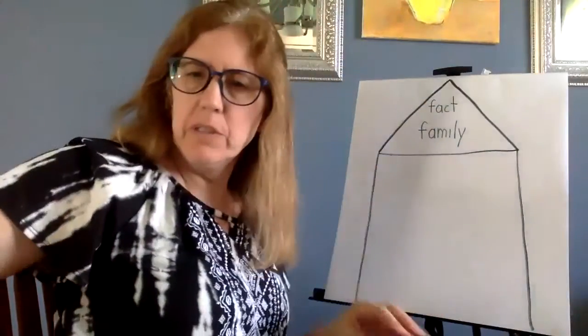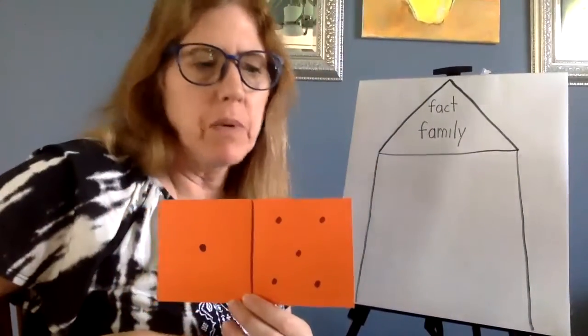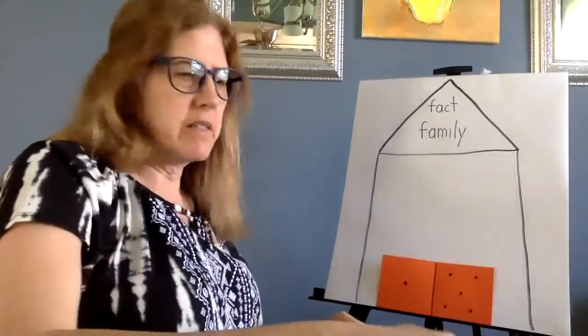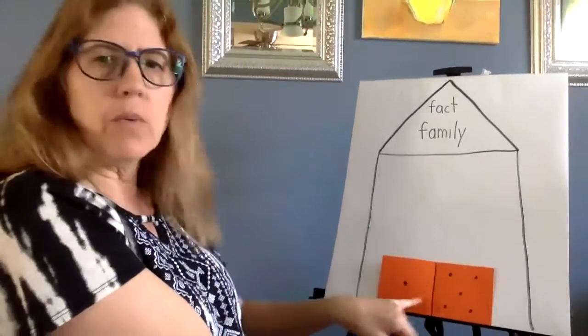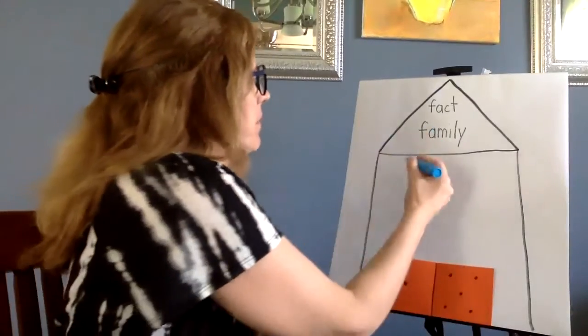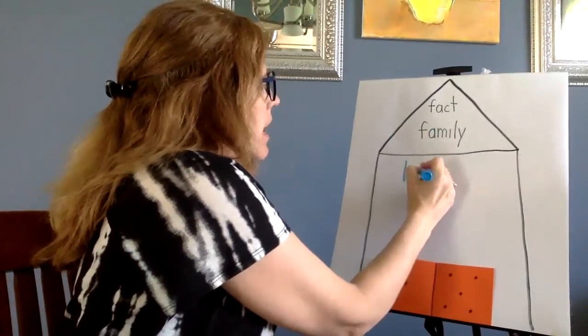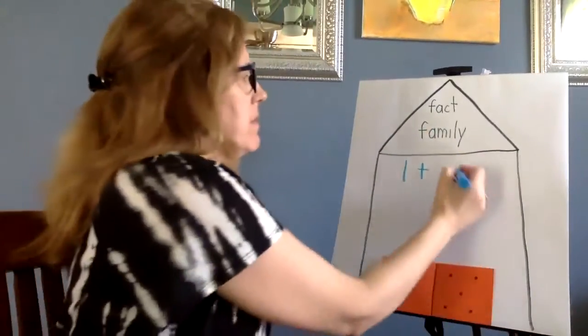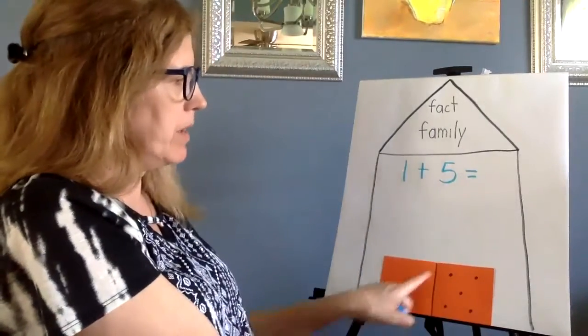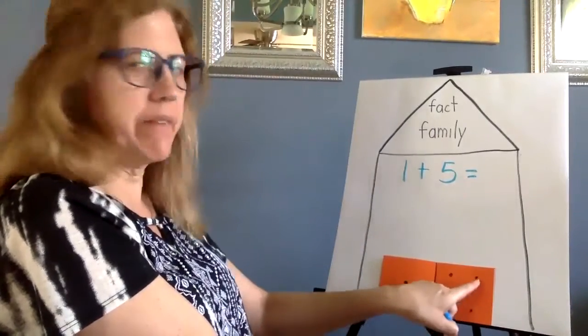I think we should try it one more time. Let's use this one. So I'm going to put that right there. We're going to start with the 1. We're going to add the 5. And if we add that together, we get 1, 2, 3, 4, 5, 6.